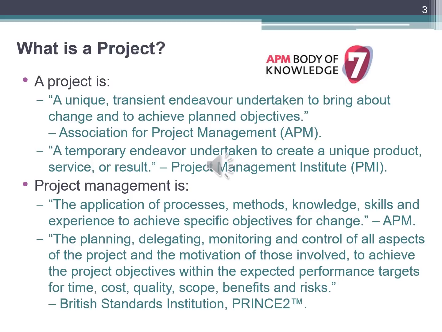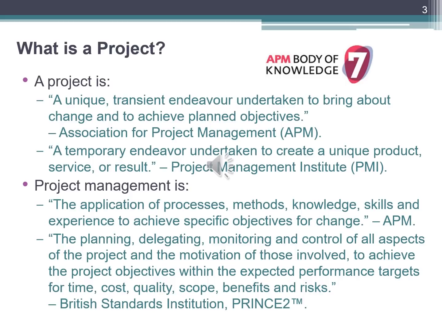British Standard BS 6079, 2019, defines a project as a unique process consisting of a set of coordinated, controlled activities with start and finish dates, undertaken to achieve an objective conforming to specific requirements including constraints of time, cost and resources.